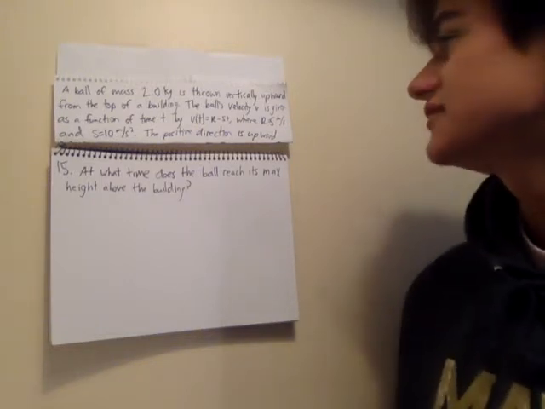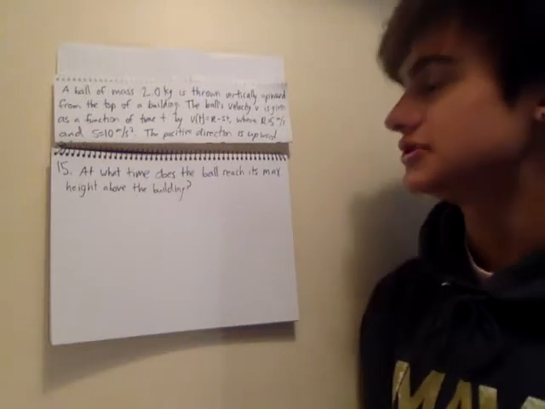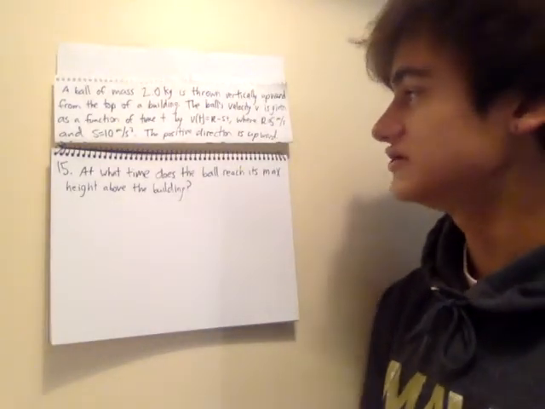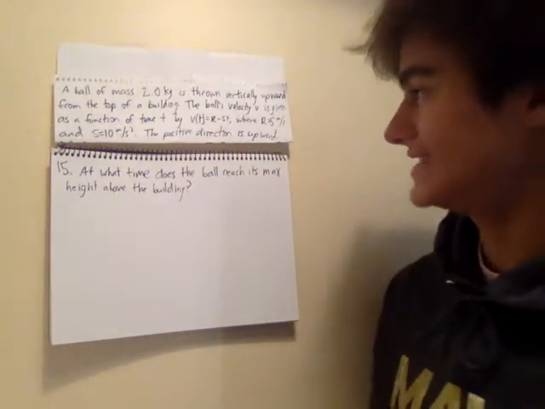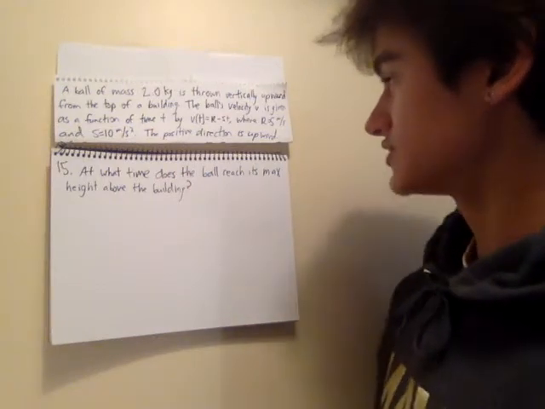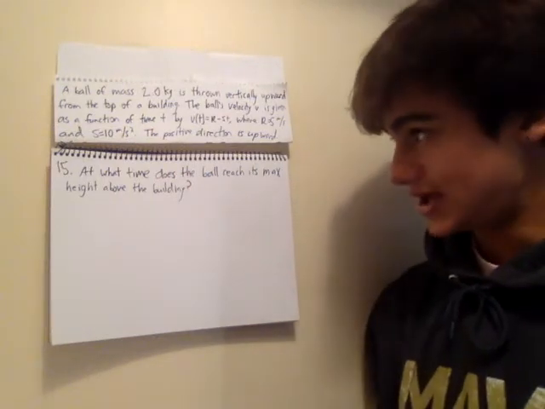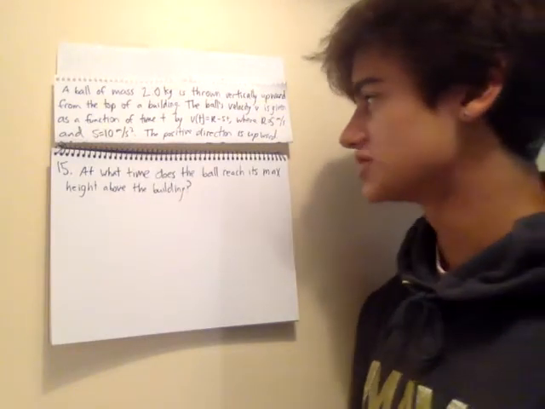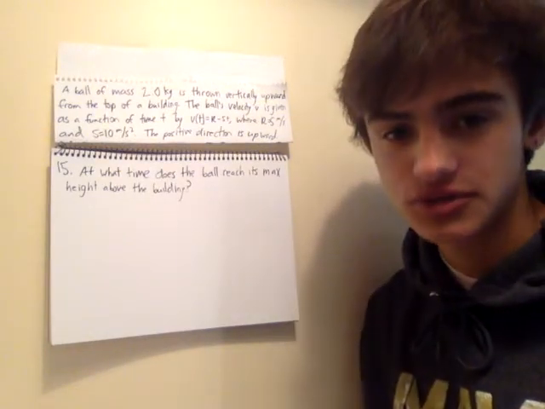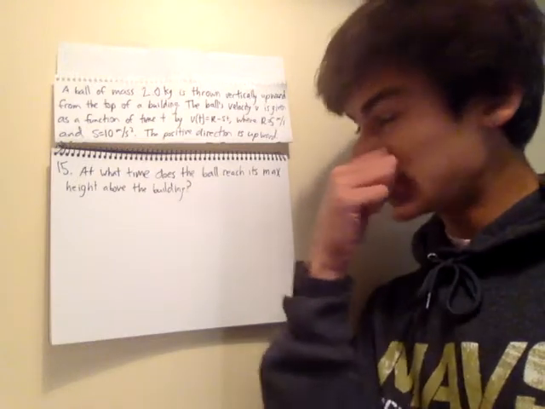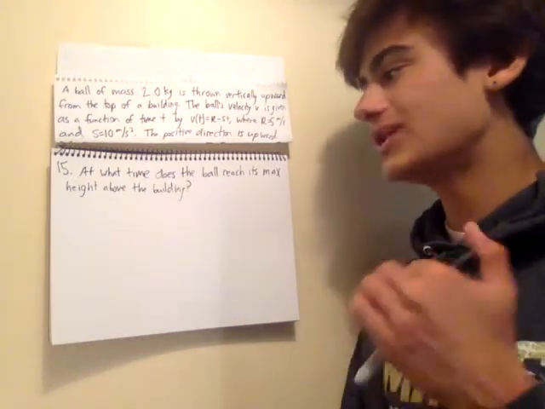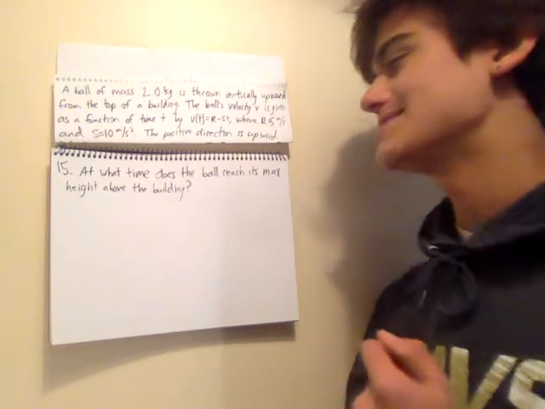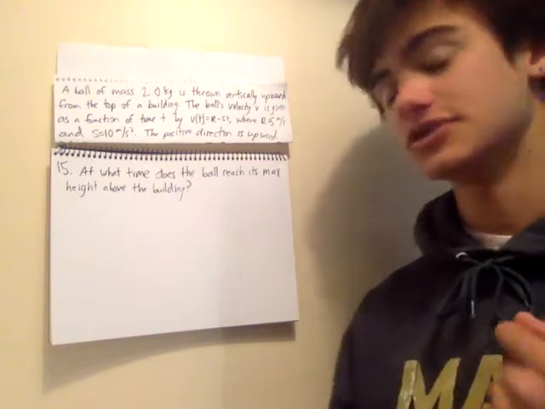The ball's velocity v is given as a function of time t by the equation v of t is equal to r minus st, where r equals 5 meters per second and s is equal to 10 meters per second squared. The positive direction in this case is defined as upwards. And question 15 asks us, at what time does the ball reach its maximum height above the building?